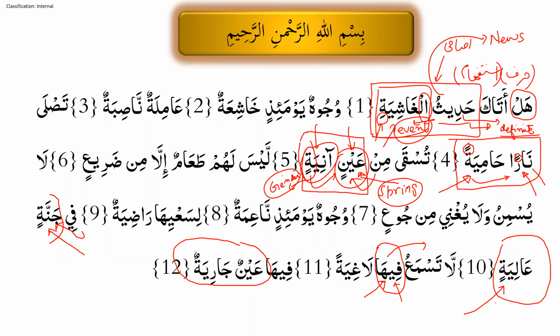Ainun is the mawsuf here, sorry, and Jariyatun is the sifa. So both are the same in this. So we will say that the adjective is following its mawsuf in all the aspects. Okay. So it is murakkabun tawsifiyun and jariyatun, it means flowing. The flowing spring. Ainun jariyatun, flowing spring.